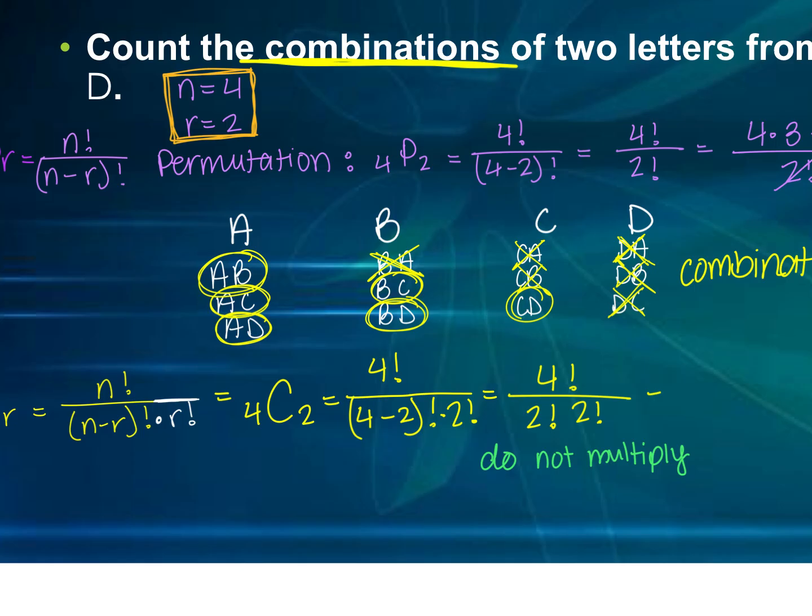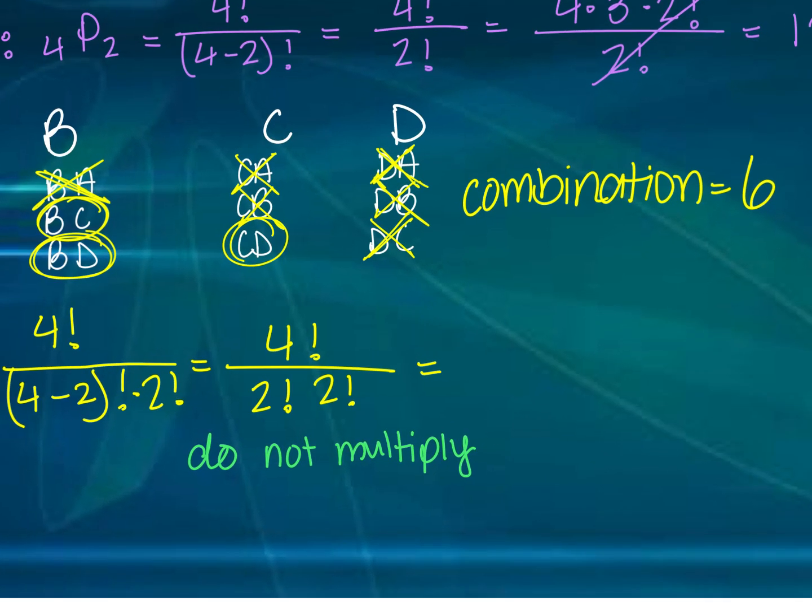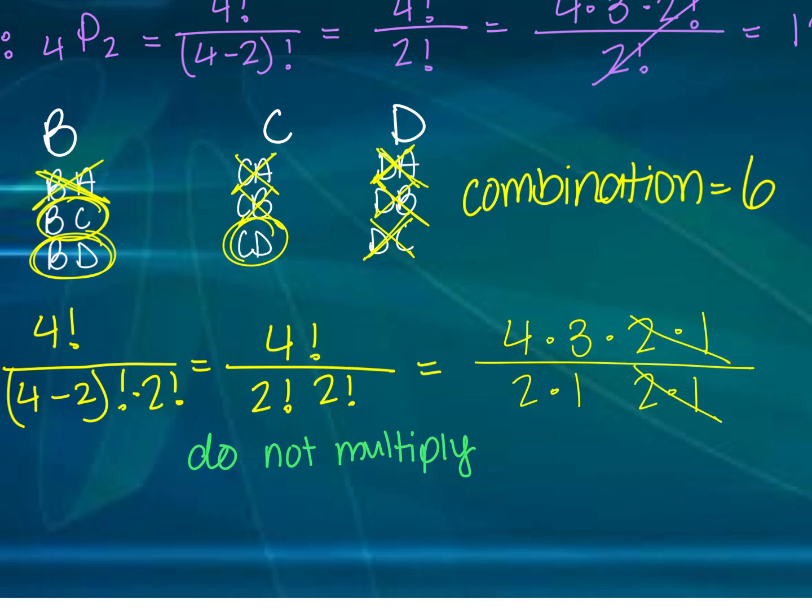How is it going to look if I'm writing it out? I'm going to go 4, 3, 2, 1. Then I'm going to have 2 times 1 and 2 times 1. These two 1s are going to cancel out. I'm going to get 1 and 1.